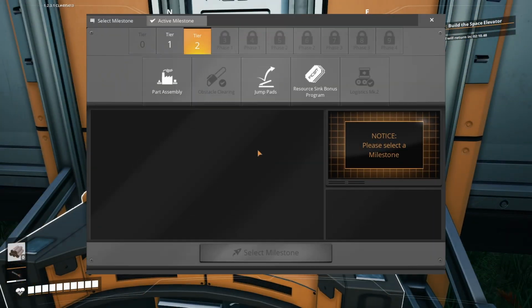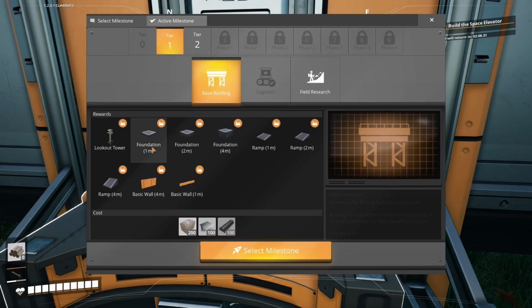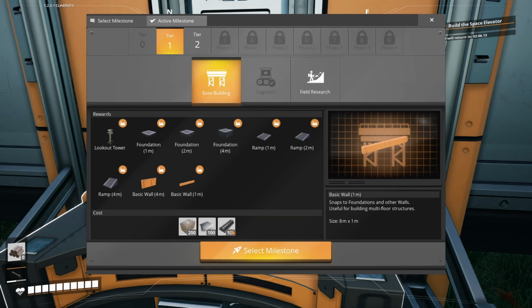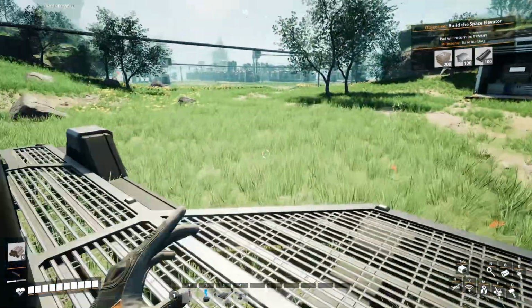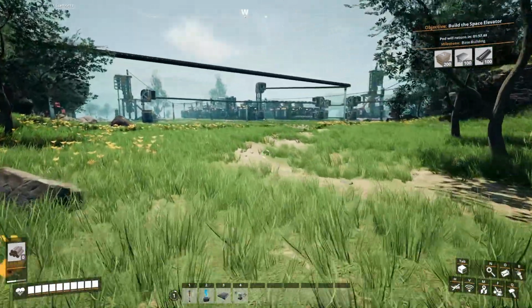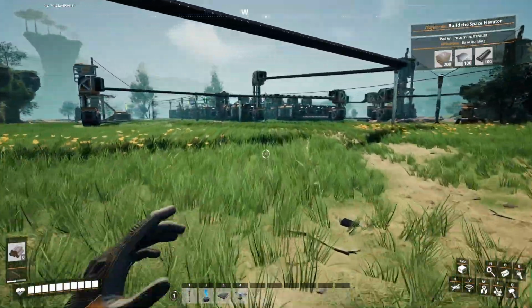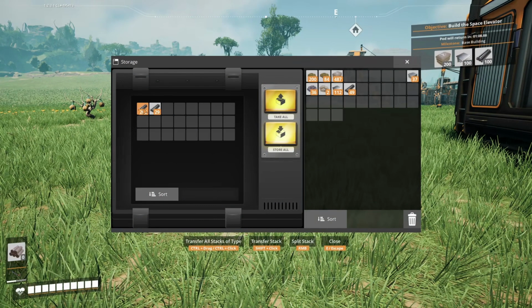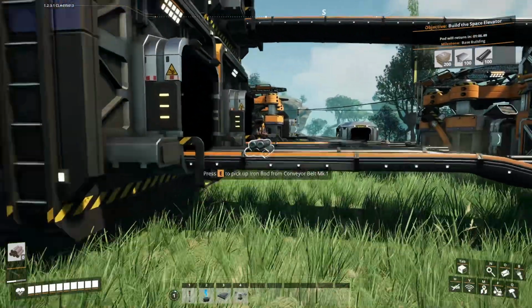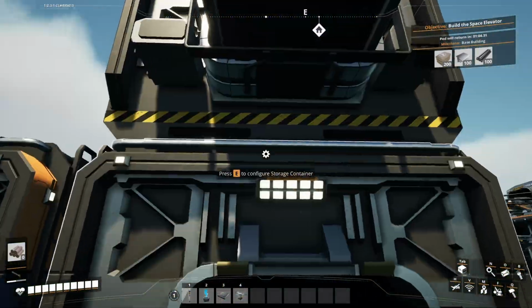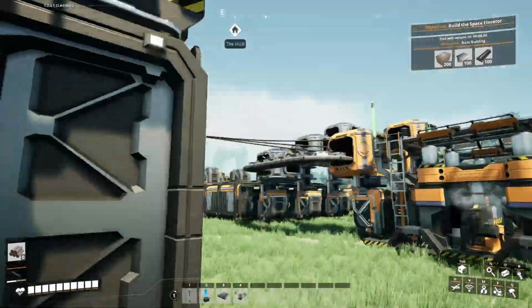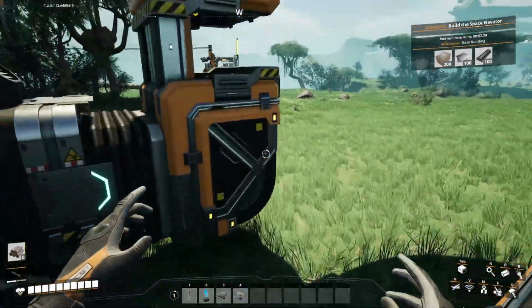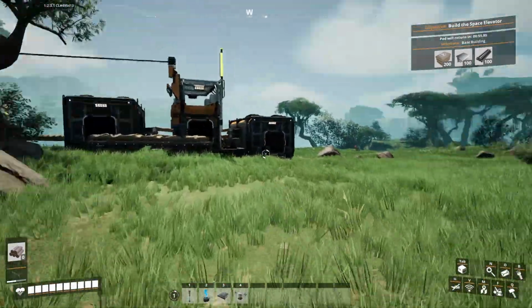Okay. Let's choose... Okay, base building. This is good. I have everything I need for this already. 100 rods. 100 iron sheets. 200 concrete.